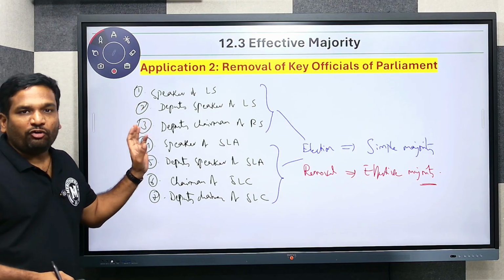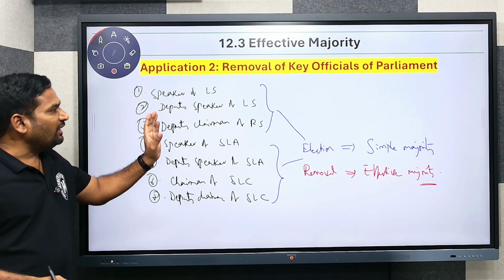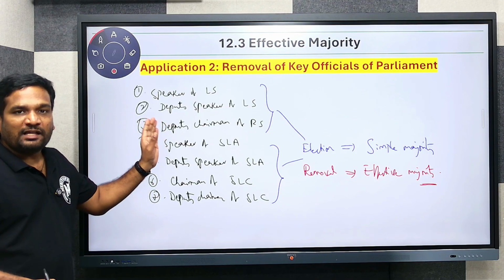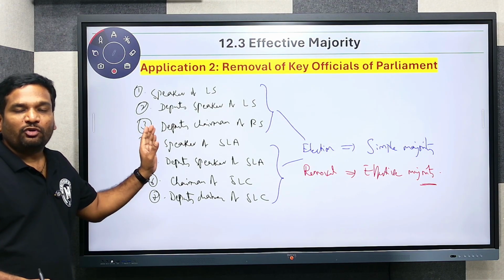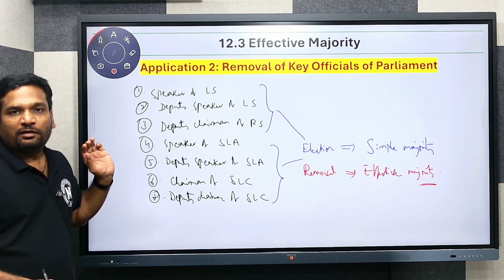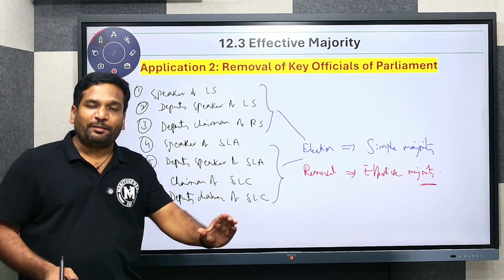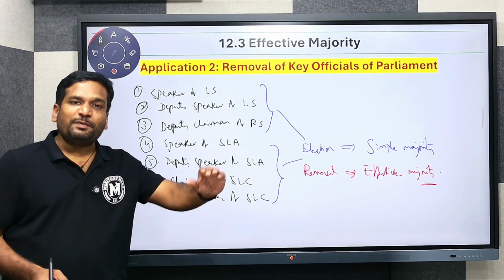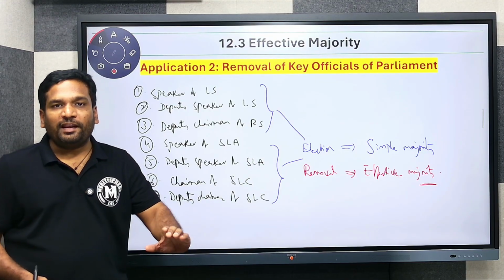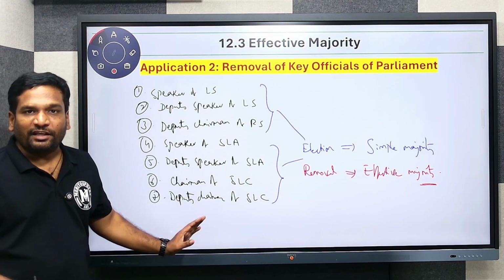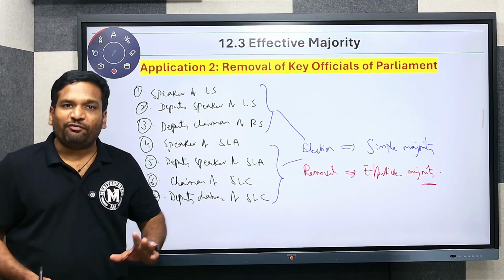So we have to be very cautious here, because they can ask about the Speaker of Lok Sabha, Deputy Speaker of Lok Sabha, Deputy Chairman of Rajya Sabha. They may ask whether the Chairman of Rajya Sabha is also elected using simple majority in the Rajya Sabha. No. The Chairman of Rajya Sabha means the Vice President of India, and the Vice President's election is very different from what we are discussing here. A different process is there for electing the Vice President.